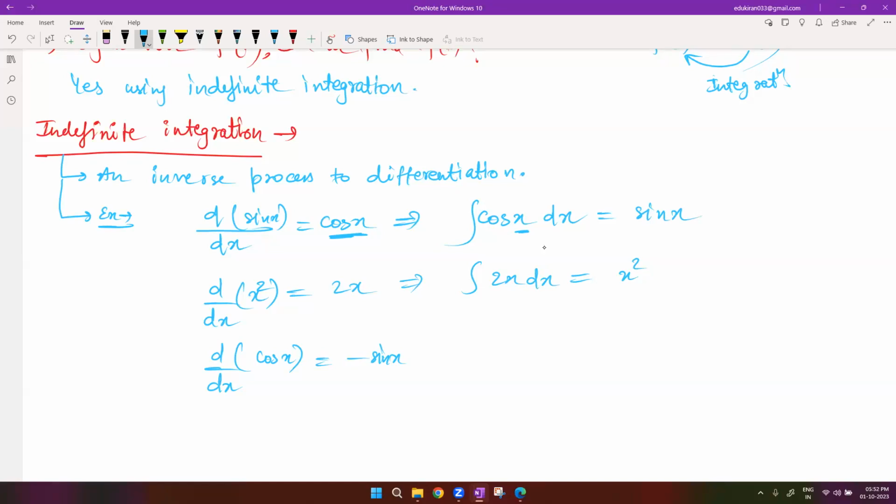So can I multiply negative on both sides? Yes, multiply with negative on both sides, this becomes positive. What does that mean? That the differentiation of minus cos x is sin x, which means that the integration of sin x would be minus cos x.